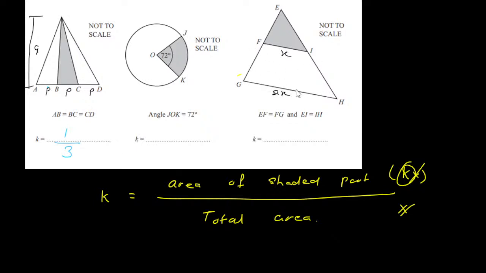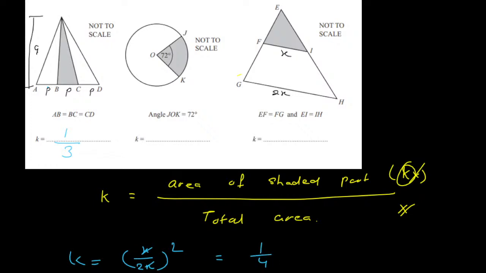The triangles EFI and EJH are the two similar triangles. The ratio of areas of similar triangles is the square of the ratio of their corresponding sides, meaning x divided by 2x, the whole square. This is what your k is. So x will cancel and k is 1 by 4.